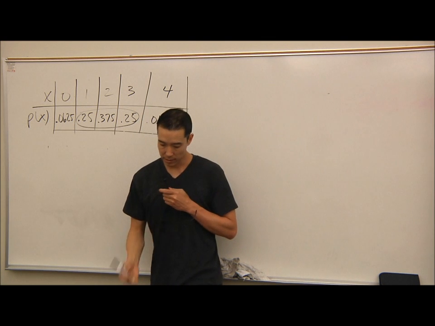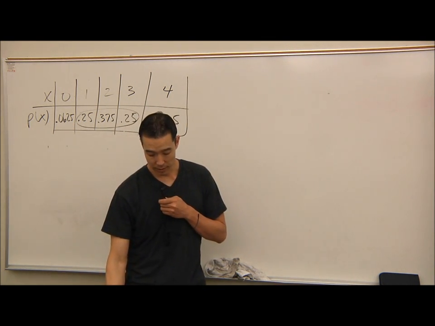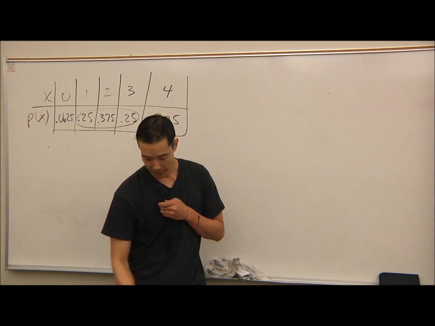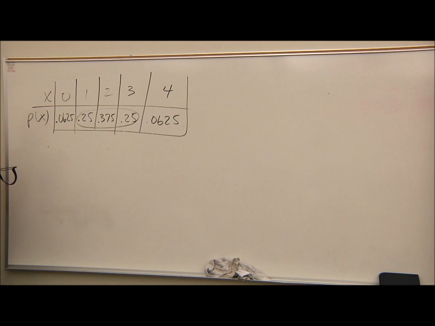What I want you to notice is they have a whole bunch of tables corresponding to the binomial distribution, okay? So in particular, in this problem, what was my n? How many girls were we having? 4 children. And what was my p? What's the probability of having a girl?